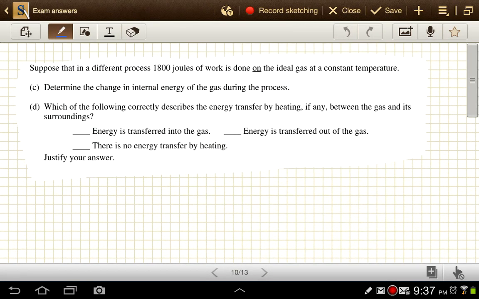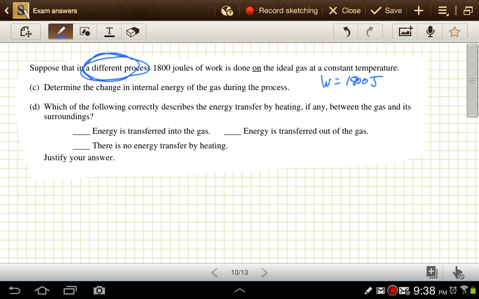Okay, suppose in a different process. That is a key phrase here, a different process. That means whatever you found out in parts A and B, forget about it. It's not going to help you here. Different process. We do 1800 joules of work on an ideal gas at a constant temperature.